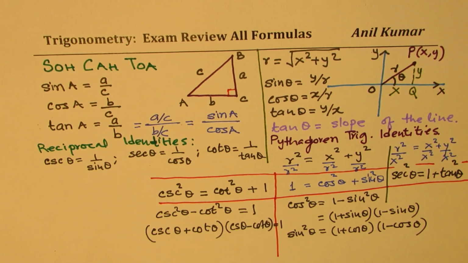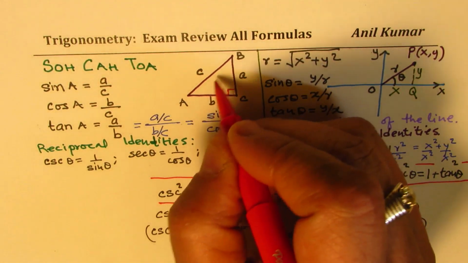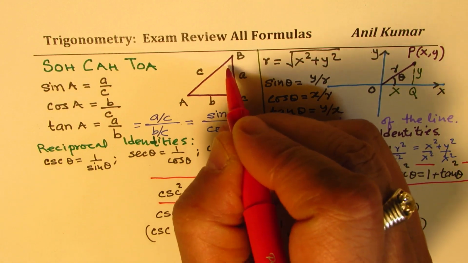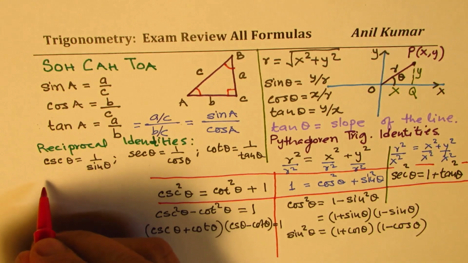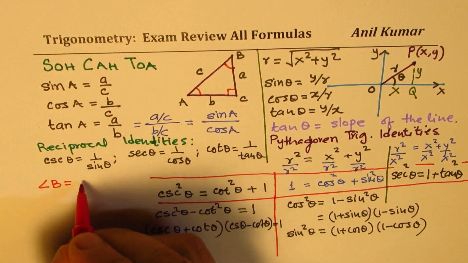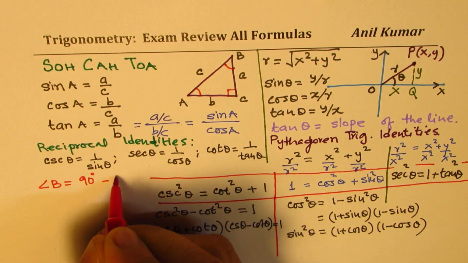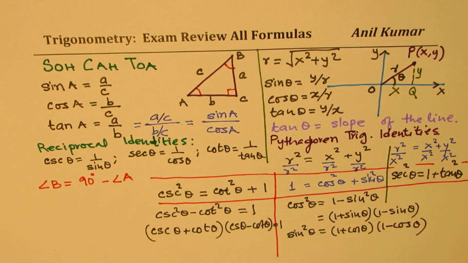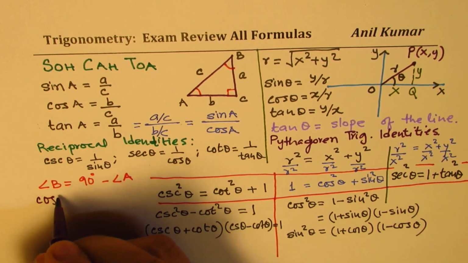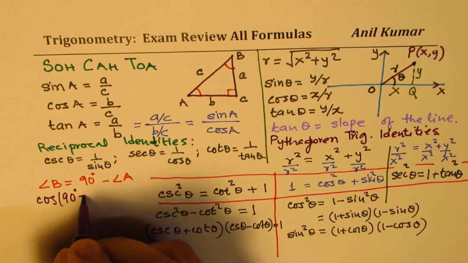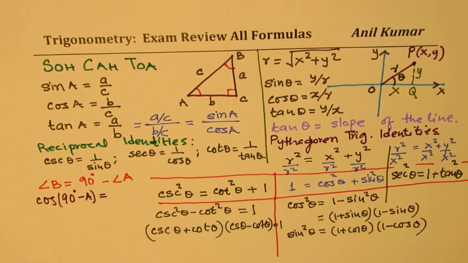Perfect. Now, I'm leaving this space to give you three very important formulas. If you look at this triangle, then the angles A and B are also related, right? So you can see that angle B is basically equal to 90 degrees minus angle A. Now that helps to give us a few more identities which are extremely important. So let me write these identities like this. If I have cos of 90 degrees minus A, what is this equal to?